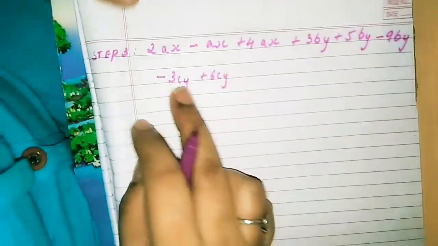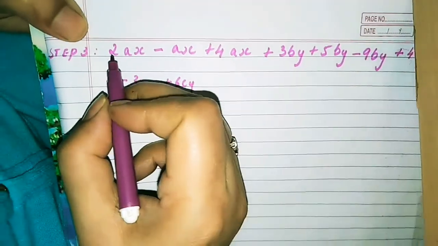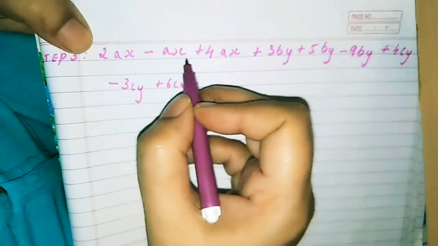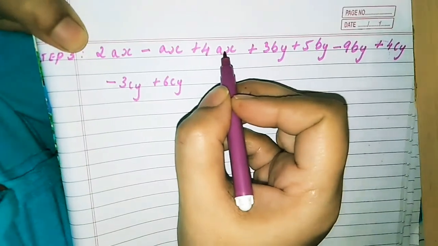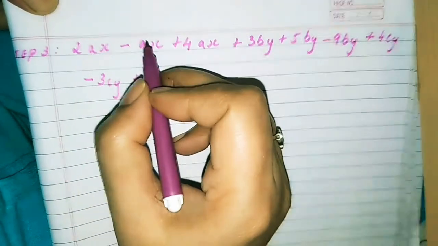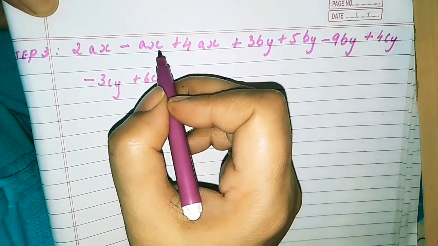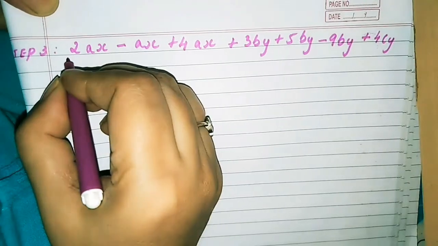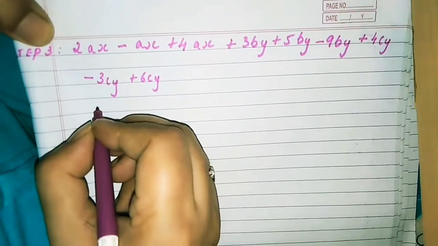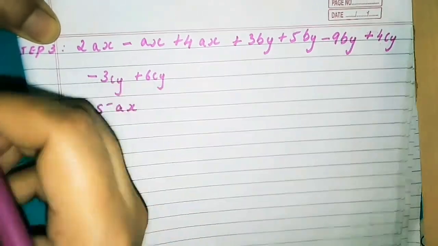So I have grouped all the like terms together, and now I'm going to add. So 2ax minus ax plus 4ax: 2 plus 4 gives me 6, 6 minus 1 gives me 5. So the answer is 5ax. So for the first expression, the answer is 5ax.